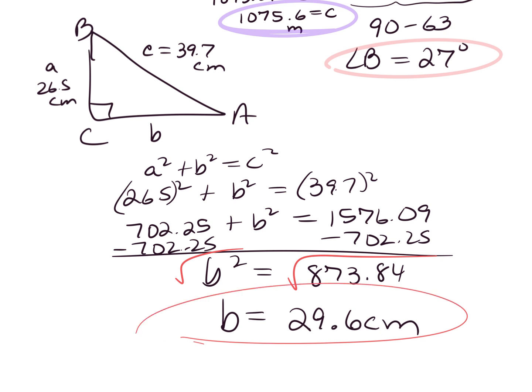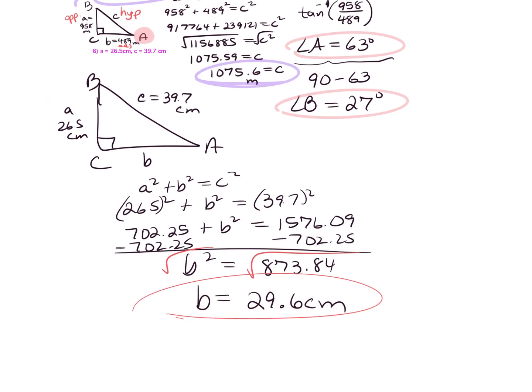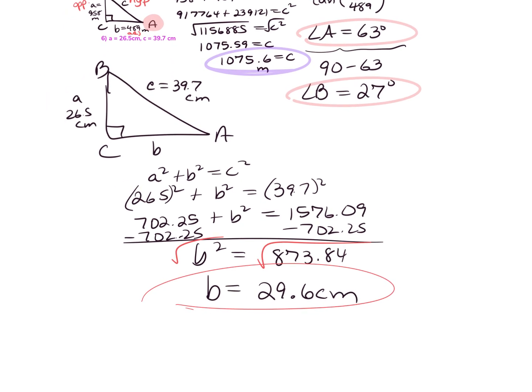Now I got to work on the two acute angles. And again, to find an angle measure, we do inverse. So this time, notice, let's label the sides based off of A again, but you could do B. But based off of A, this side is the hypotenuse. This is adjacent to A, and little a is opposite. So I got to figure out which one of the trig functions uses opposite and hypotenuse. Those are the two sides that they gave me, and that's going to be sine.